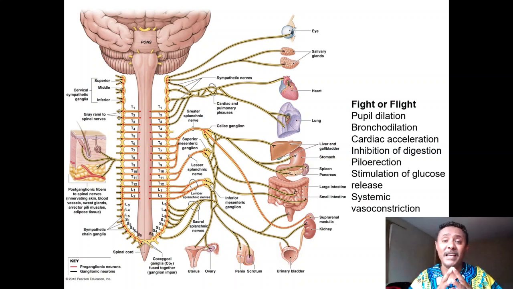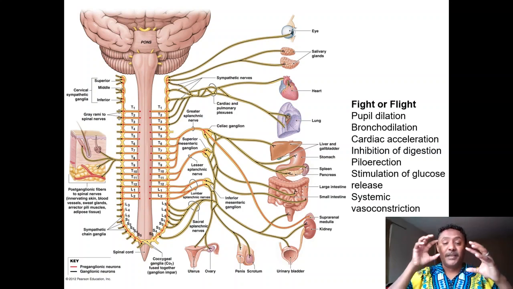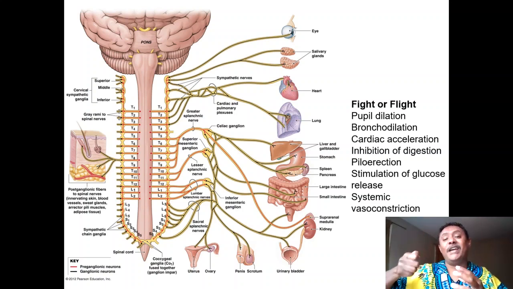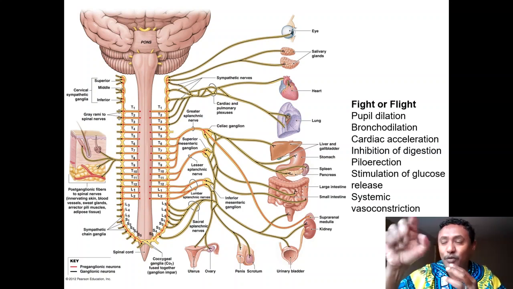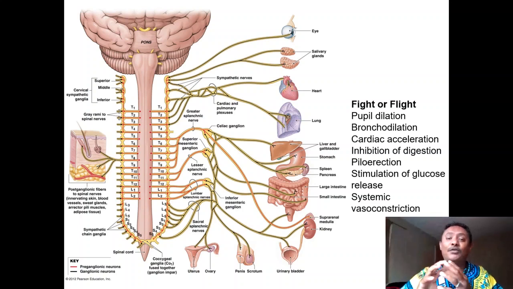That's why the sympathetic is stronger and lasts longer than the parasympathetic, because the parasympathetic is going to activate certain organs. It has a nerve fiber going to that organ.